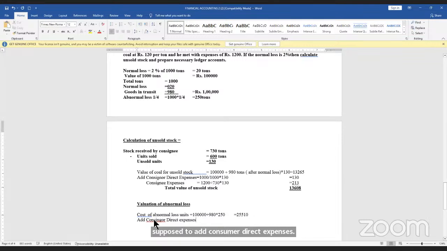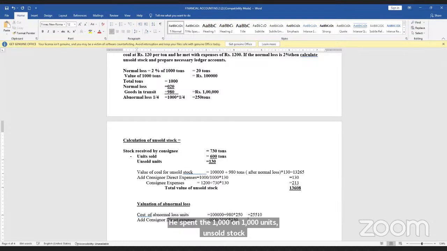What are the consignor direct expenses? Just now we have taken freight charges as consignor's direct expenses. So here also we are supposed to take freight charges. How much did he spend? He spent 1,000 rupees on 1,000 units, into unsold stock, that is 250.